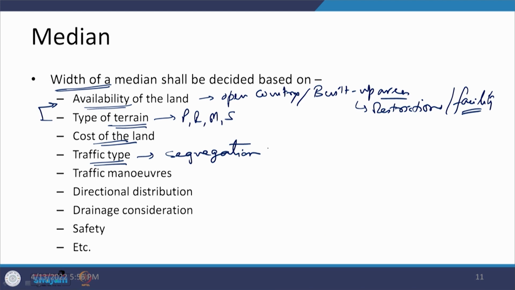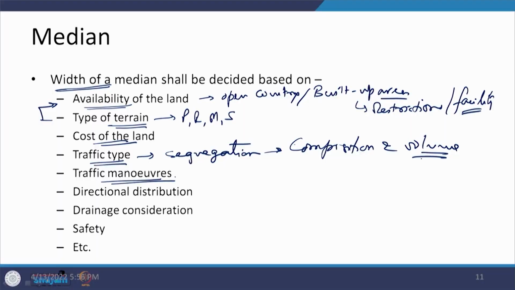So, this also needs to be looked at, but then this is also going to be correlated with the composition as well as volume, because that is going to define whether we need to provide a separate lane for a type of traffic or not. Traffic maneuvers, that is related more with the channelization.